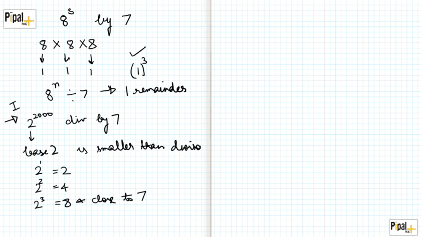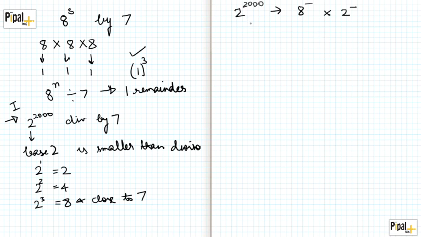Now how is this going to help me? The way this is going to help me is that I am going to try and convert 2 to the power 2000 into as many 8 to the power something as possible. Clearly I may not be able to convert the whole thing into 8 to the power something, but I will try my level best to convert as much of this as possible to 8 to the power something, with whatever powers of 2 are left.